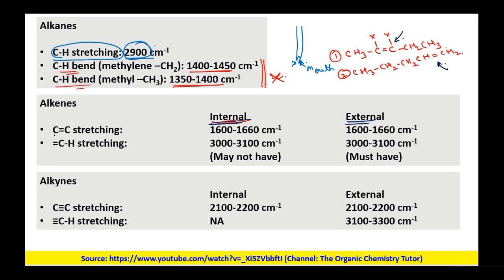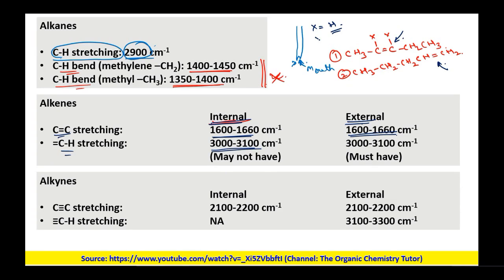C double bond C stretching would be appearing at 1600 to 1660 in both the cases. However, for the CH stretching in the first case, if your X is equal to H, then you will be getting this CH stretching peak at 3000 to 3100.